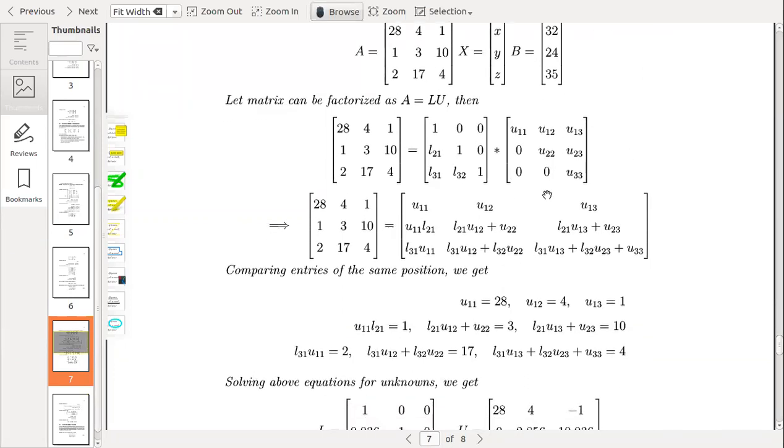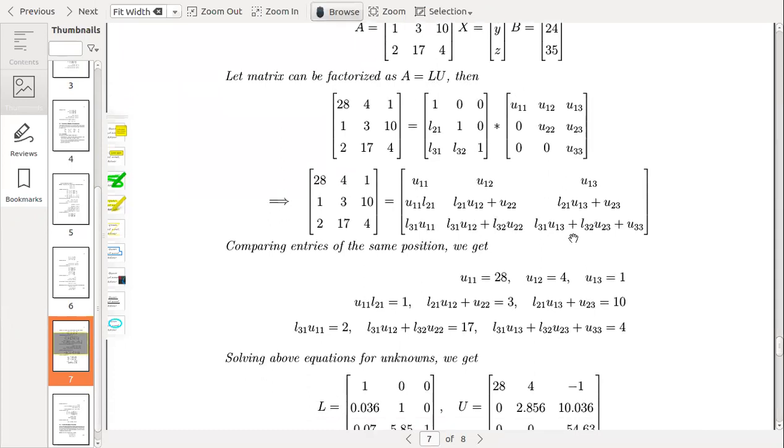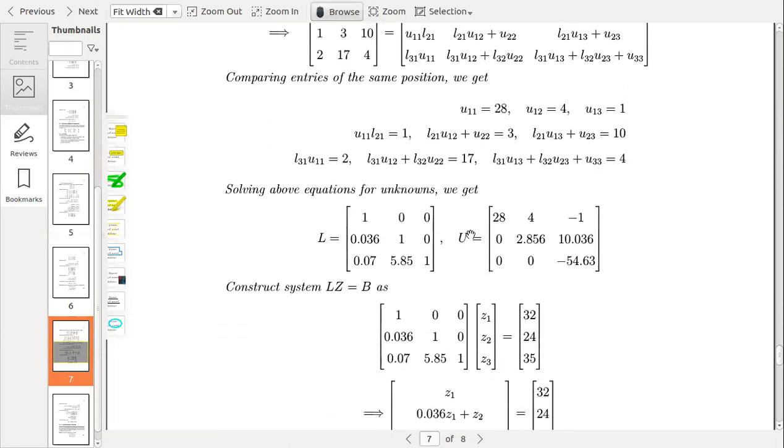Multiplying these two matrices, we get a matrix of the same order, and we make a comparison: U11 equal to 28, U12 equal to 4, and so on. Solving these equations, we get the unit lower triangular and upper triangular matrices.